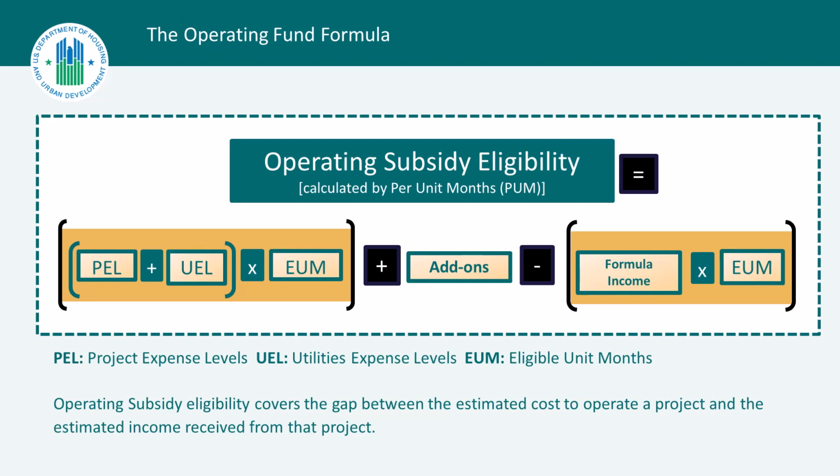In addition, a few PHAs have a Moving to Work, or MTW, alternate subsidy calculation. This will be discussed in further detail in a later slide in this presentation. This final number is the amount of operating subsidy that a project is eligible to receive in a year. We will break down each part of the formula in more detail in the following slides.